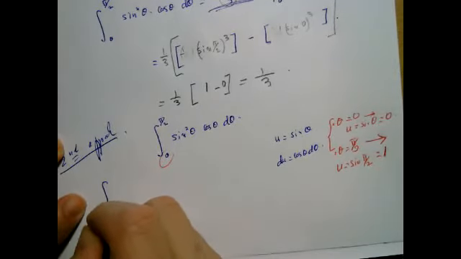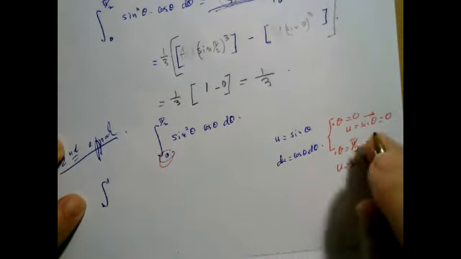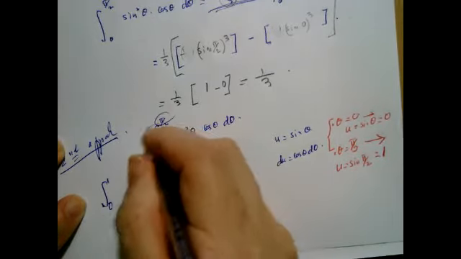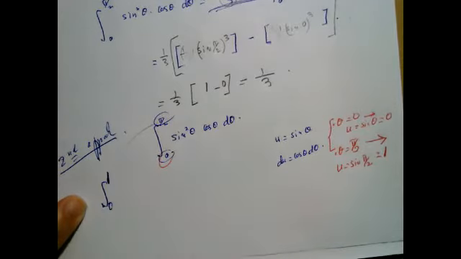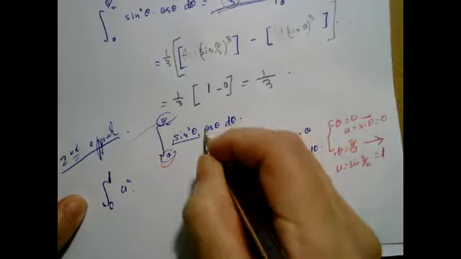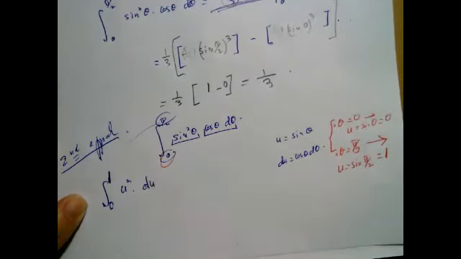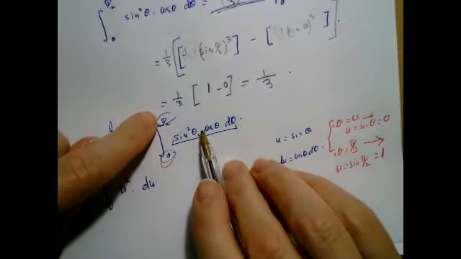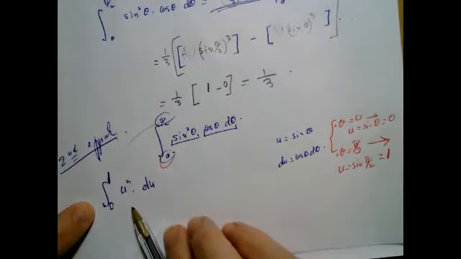So that means that this is going to be equal to, the 0 stays 0 because that's the sine. The pi over 2 goes to 1. The sine square is the u square. The cosine is the u. Now, what happened is that this definite integral is equal to this definite integral in u.